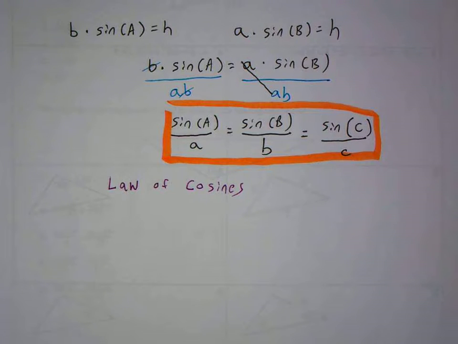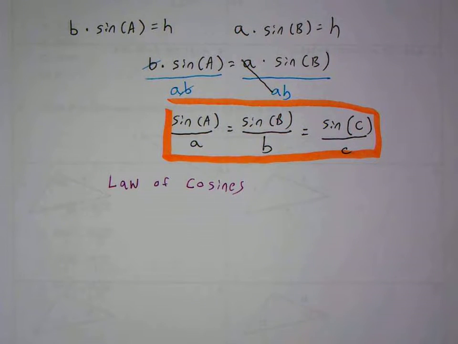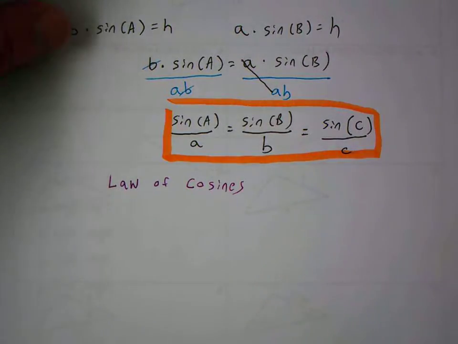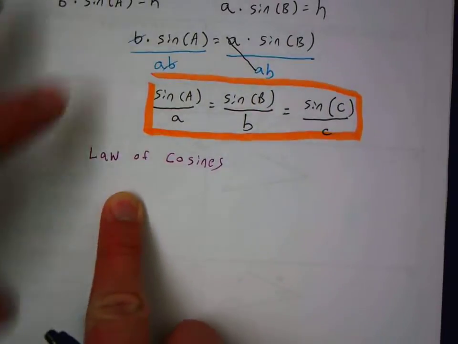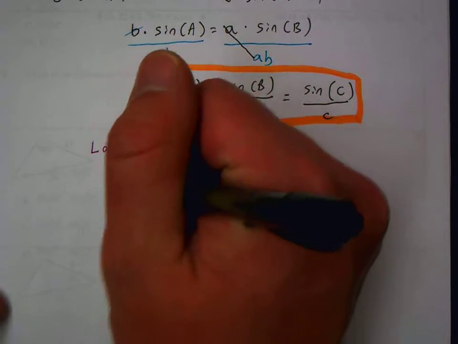I might do the proof. You guys want to see the proof now? Sure? So I'll talk about them both, but all of the problems today will focus on the law of sines. Okay? So the law of cosines. Let's draw that triangle we had up here. I'm going to draw a triangle.